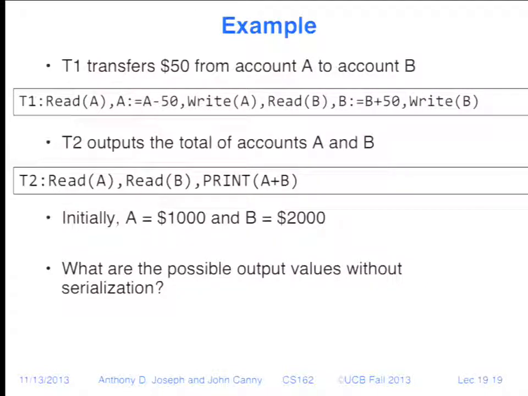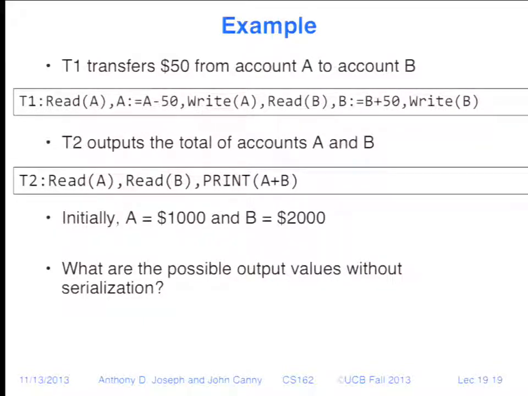Where is T1 happening? Decrement, yeah, I think that's right. If you put it in here, you've already decremented A, so you've lost 50 from A, but you haven't added 50 to B. So if T2 happened right in there, then yeah, it would be 3950. Does that make sense? So you could potentially execute the second transaction after debiting A, but before adding to B. But there's another total which is more surprising.